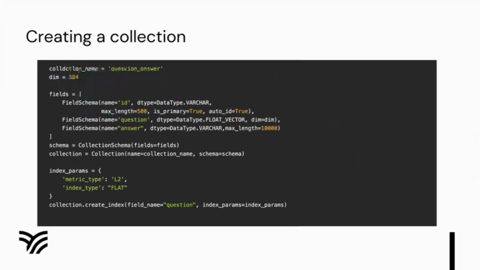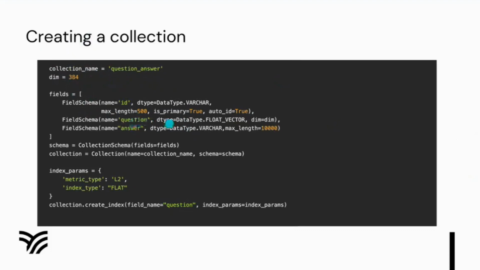That means we will use the ID field as a primary key, and it would automatically get its value. The second field would be the question field, and that would have the data type of float vector, and dim is the dimension. The dimension would be 384.